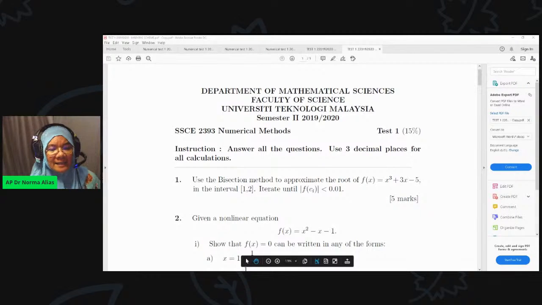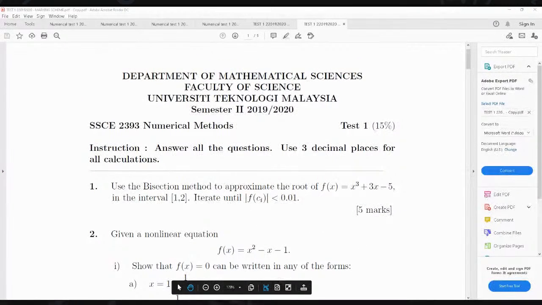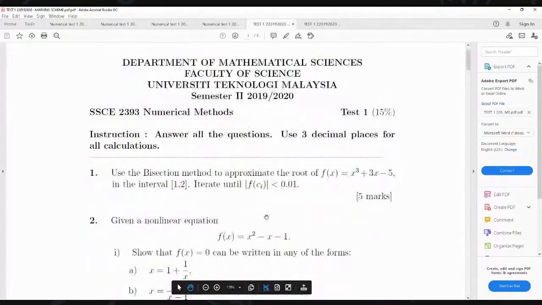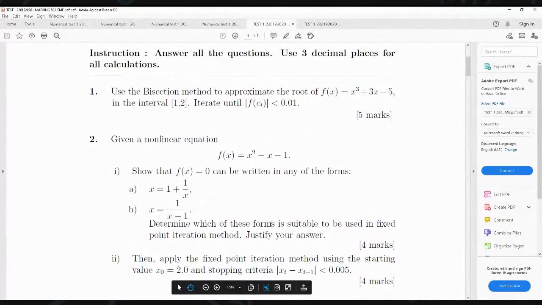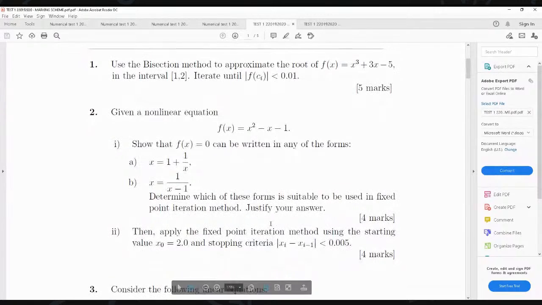And then go to the second question. The second question is solving a nonlinear system of equations. The first part is to show that f(x) equals 0.